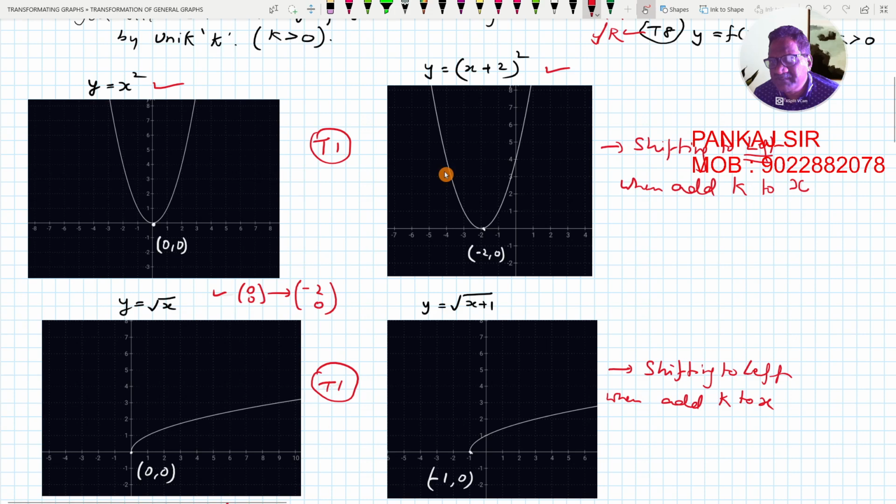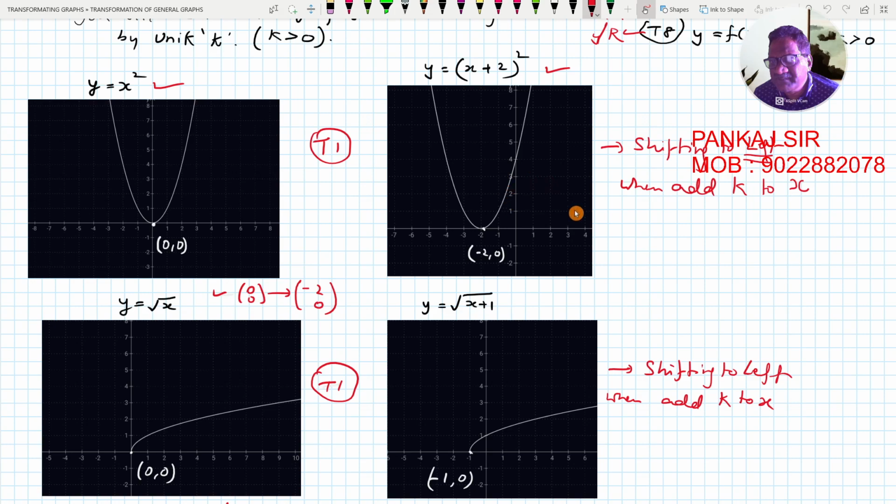And y is equal to x plus 2 the whole square is nothing but a transformation function in which you have added 2 to x, or you can say you have added 2 to the domain of this function x square. So it makes it y is equal to x plus 2 the whole square. And you saw that the graph was shifted to the left. So whenever you add, the graph gets shifted to the left.